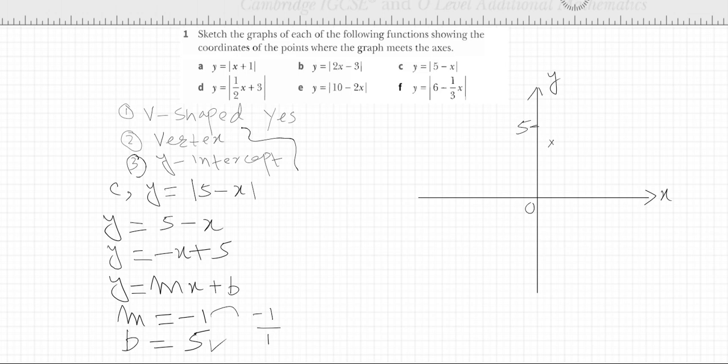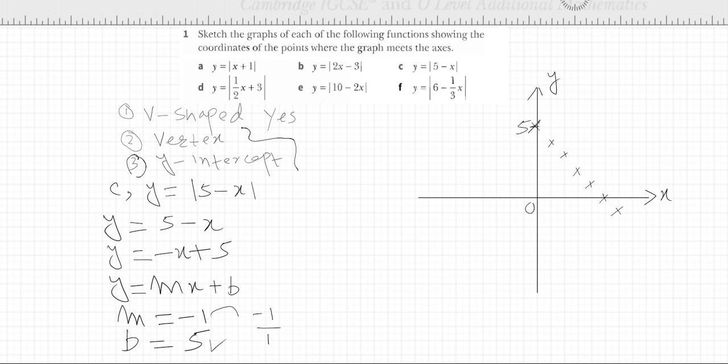So this is the first point, then 1 unit below and 1 unit right. This is the second point, then 1 unit below, 1 unit right. This is the third point, then 1 unit below, 1 unit right, and so on. I hope you understand.